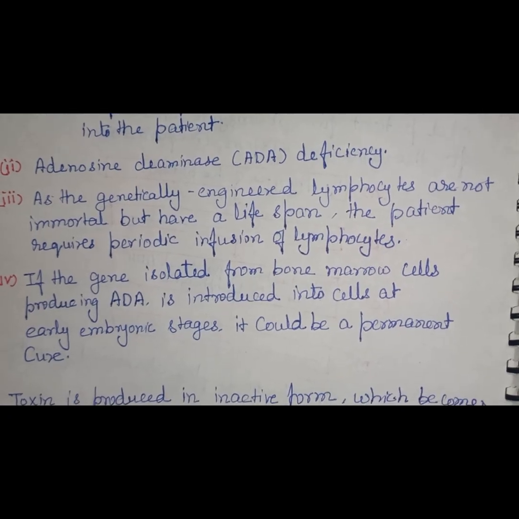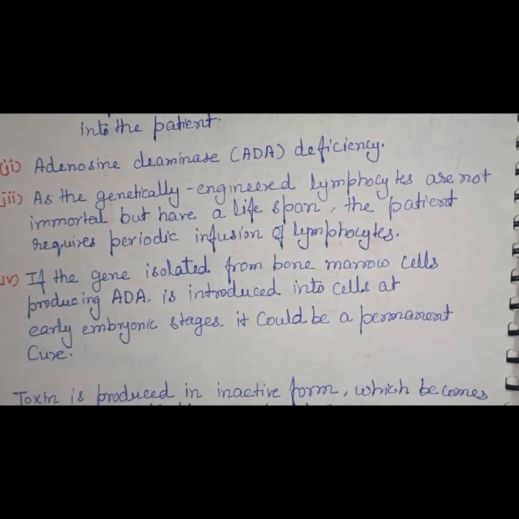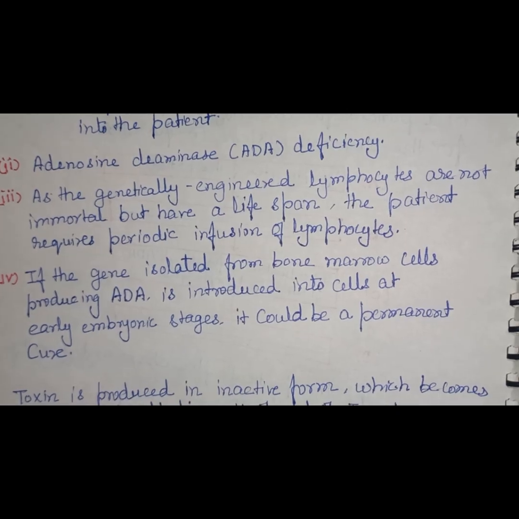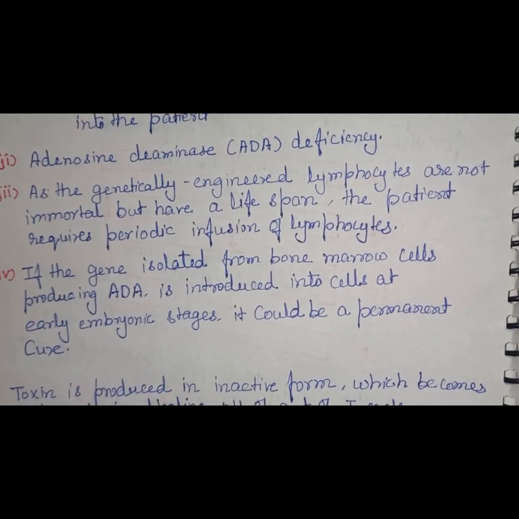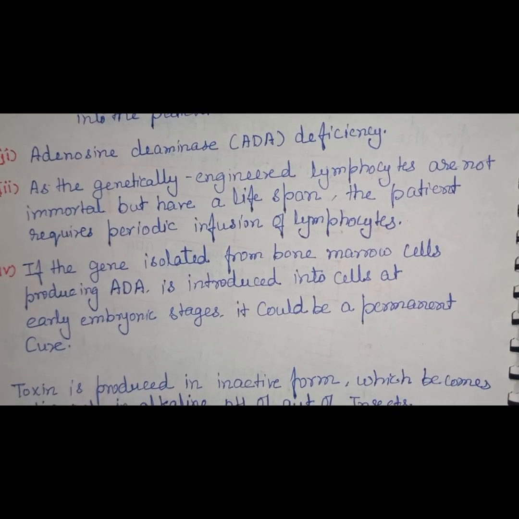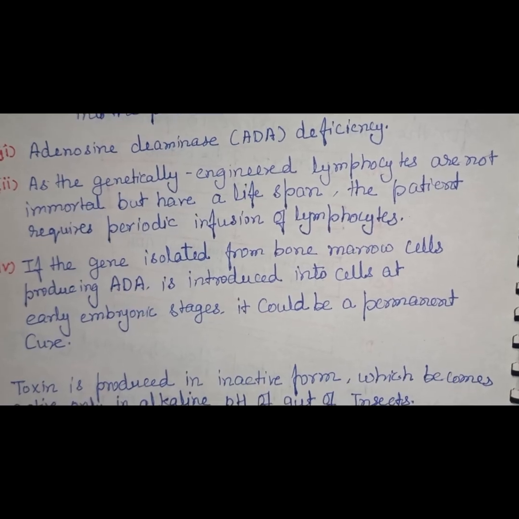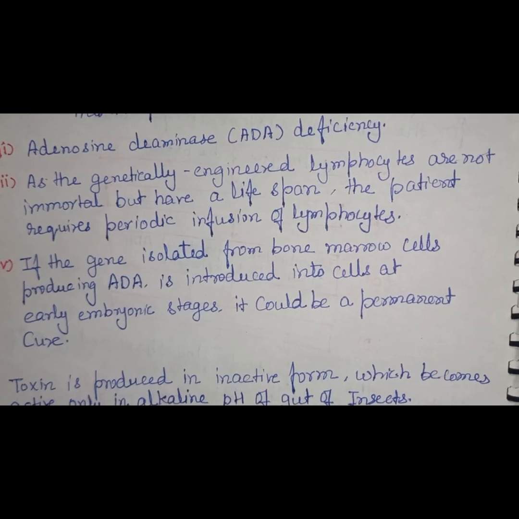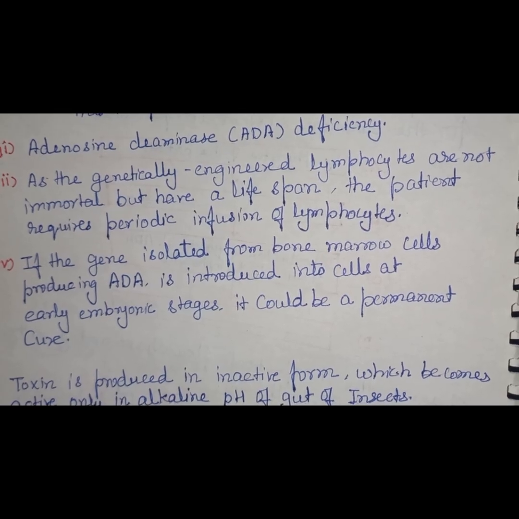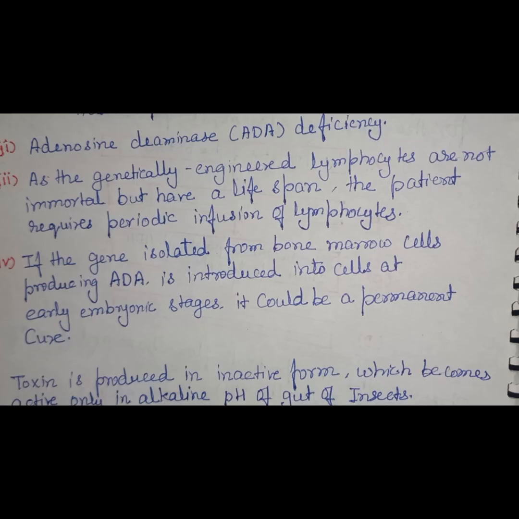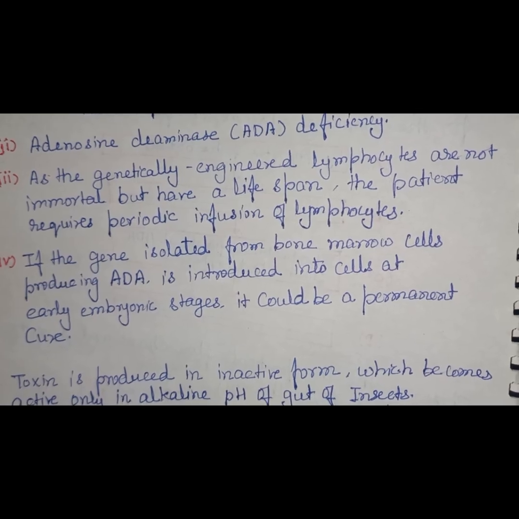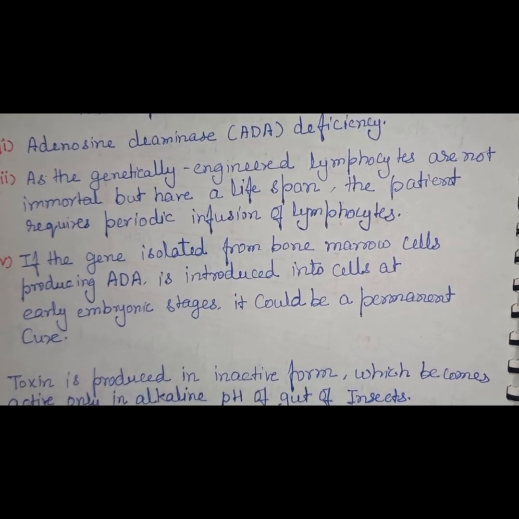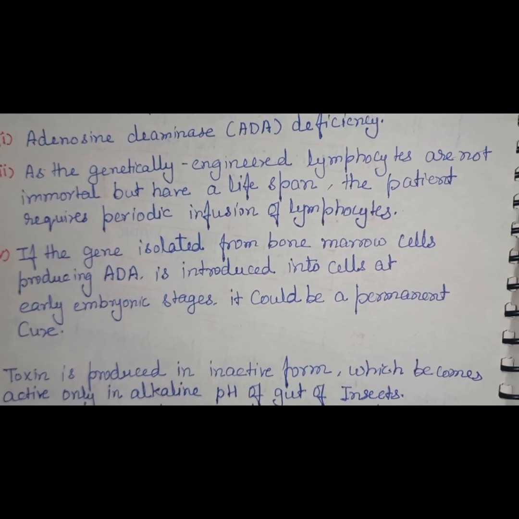It means if any patient uses this method, then he is going to do one thing. Either he takes timely infusions of this cDNA ADA, or he or she can take a permanent cure.